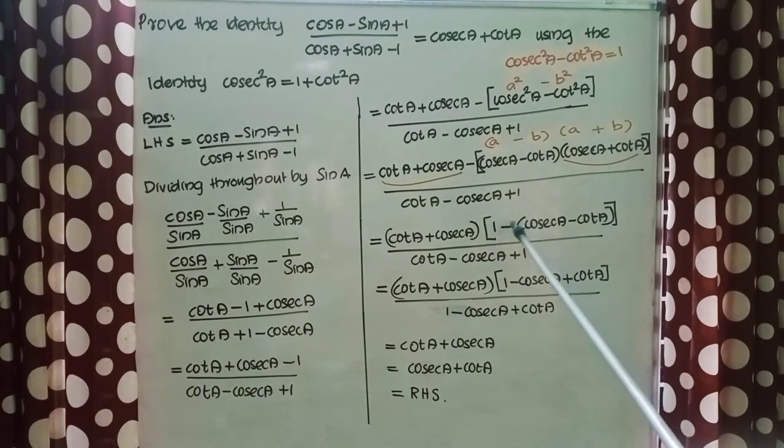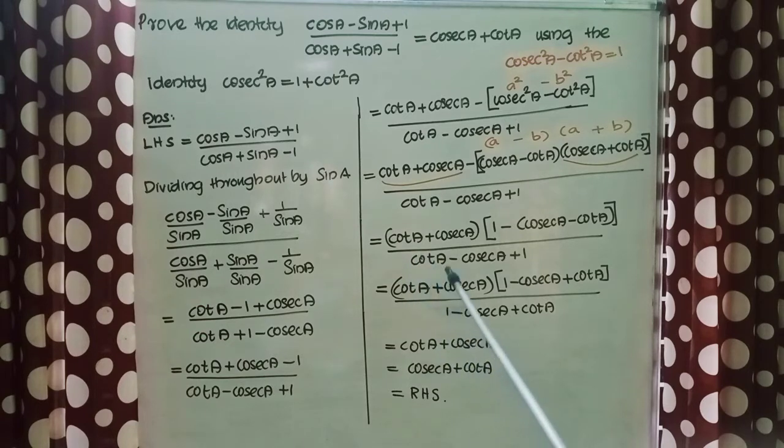Now you can see here is a bracket. We can remove it. We get (cot A plus cosec A) into (1 minus cosec A, then minus of minus cot A, that is plus cot A).